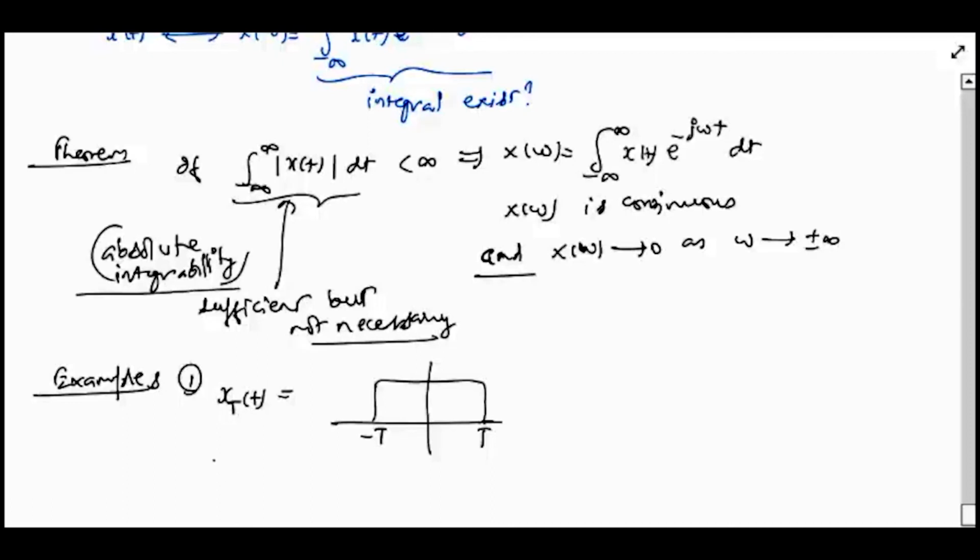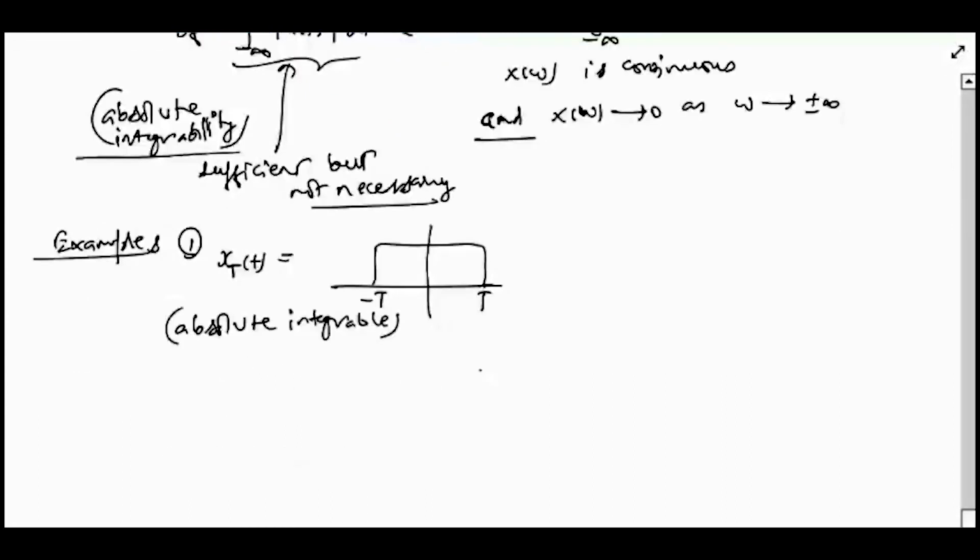So this x_T(t) is absolutely integrable, and its Fourier transform is guaranteed to exist. The same goes for, let's say, this triangular signal, which was the convolution of two rectangular pulses.